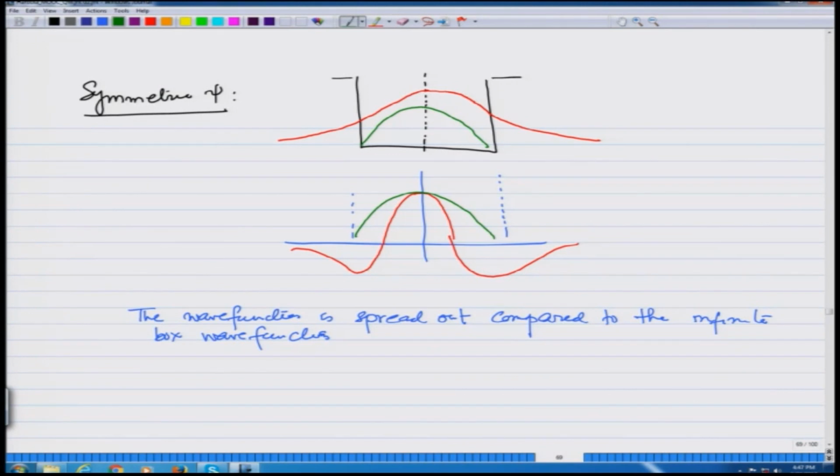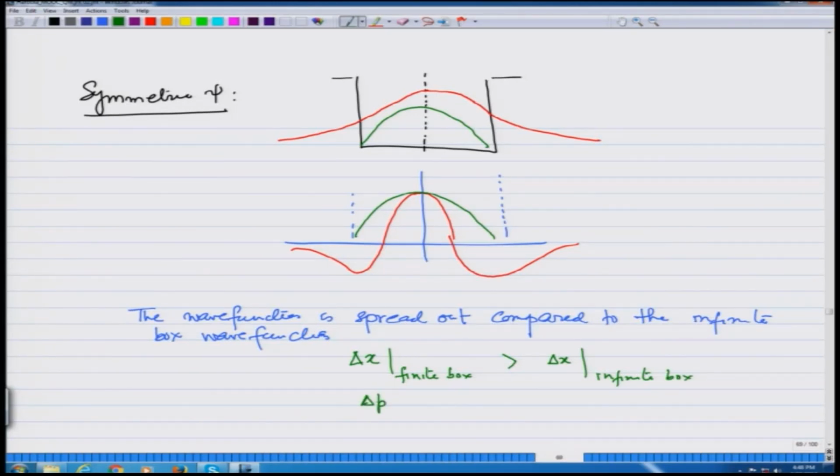If this is more spread out, that means delta x for the current problem, the finite box, is greater than delta x for the infinite box.